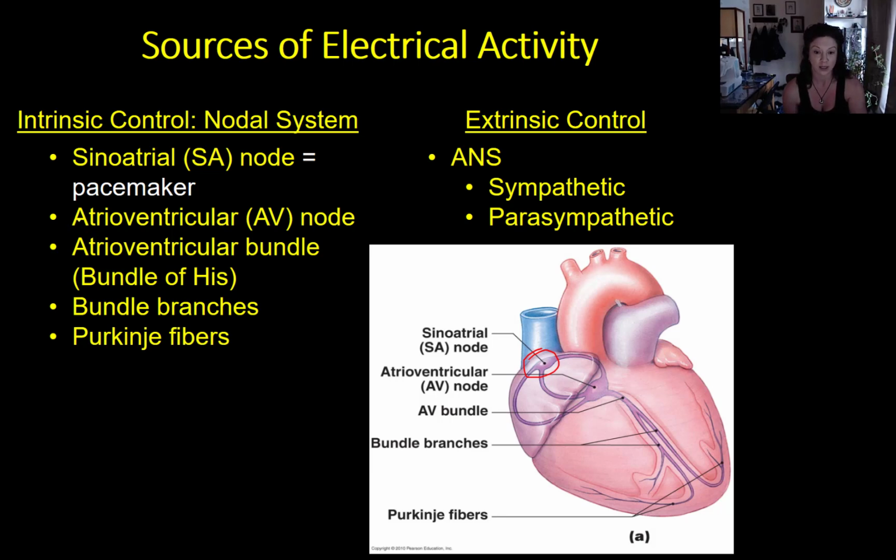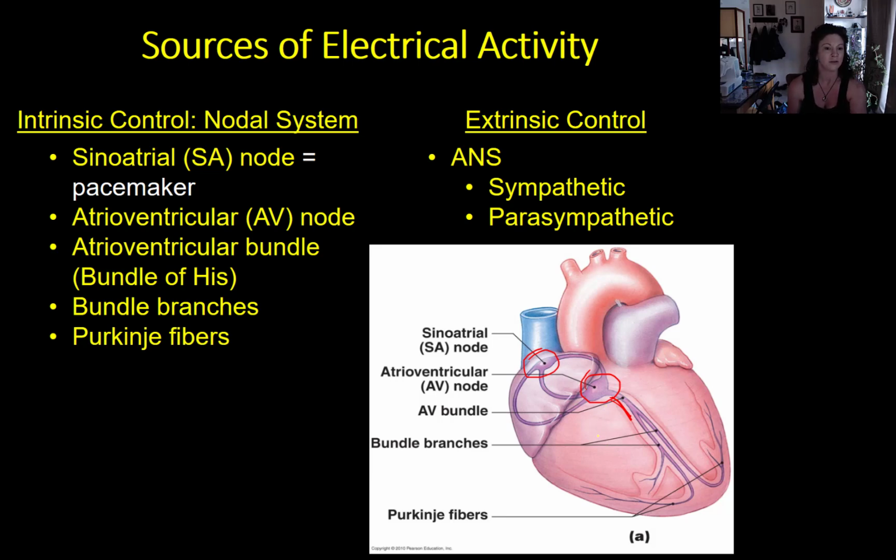The atrioventricular node, which is down here, is going to be communicating with the sinoatrial node, and then also going to be connecting to something called the AV bundle, or the atrioventricular bundle. This is going to connect your atria to your ventricles and help pass electrical messages along.